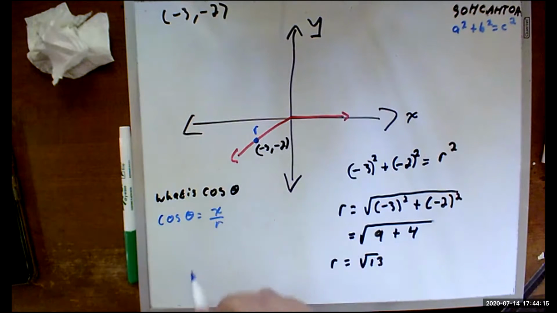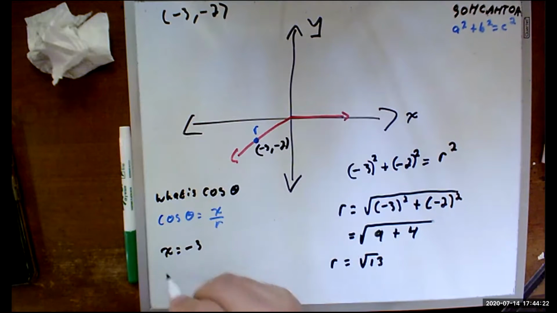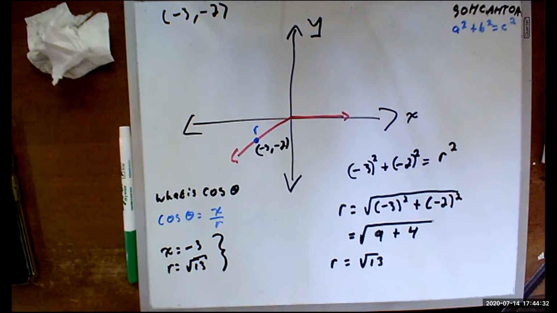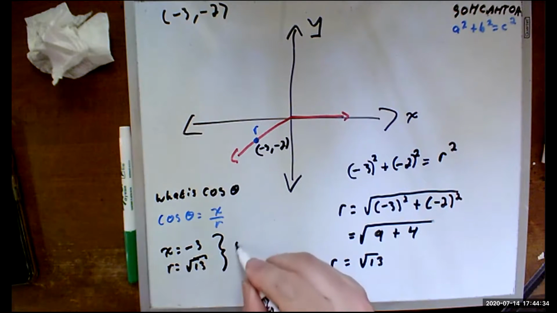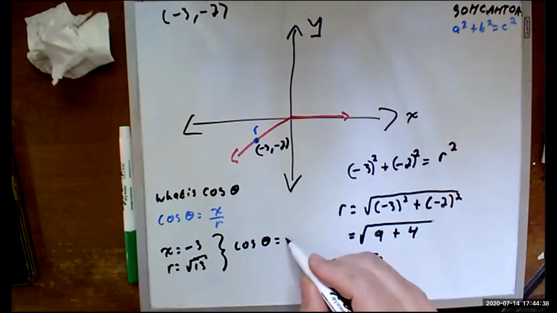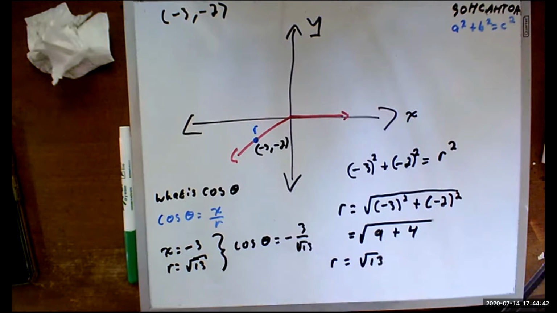Our x in this case is -3. Our r we determined was the square root of 13. So using these things, we can say that the cosine of theta is going to be equal to the negative of 3 over root 13.